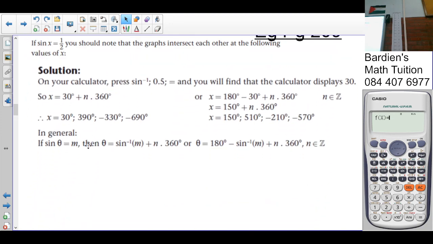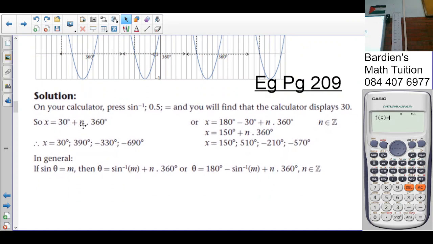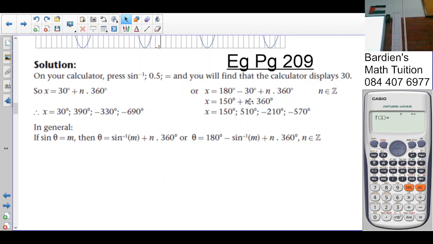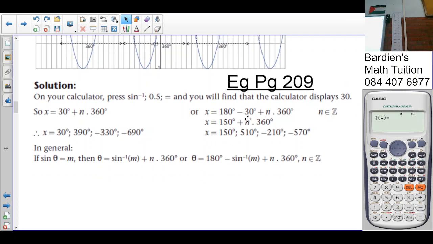In general, this is what I need you to write. Actually, we don't need to write yet. We're going to do an example, and then we'll formulate that general note that I wanted you to write down.